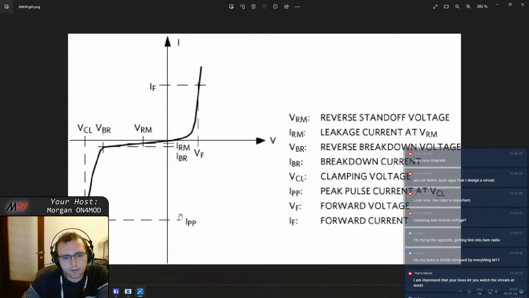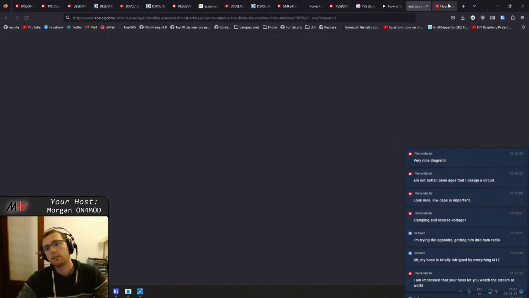We are gonna have the current going through the diode, and the voltage across the diode is gonna increase up to VCL, and if it's above the absolute maximum rating of the transceiver, then it's gonna break the transceiver.